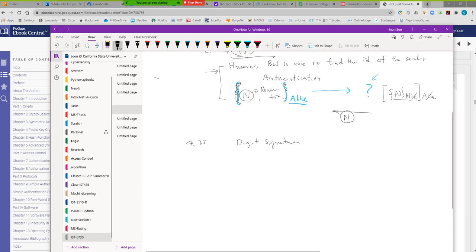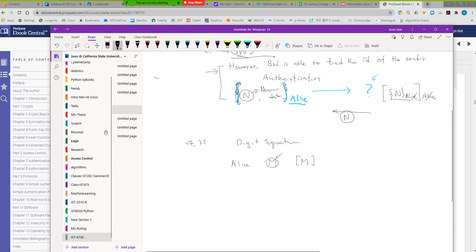So for example, if Alice creates her digital signature, and let's say there is a message M, and she wants to sign this. She signs M with a private key.